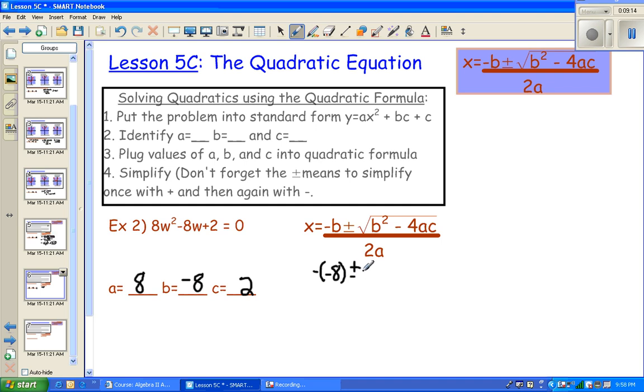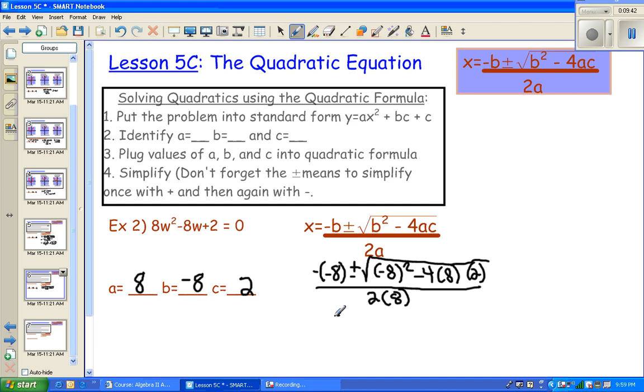Do plus or minus -8 squared minus 4. Your a value is +8, and your c value is 2. And all of that is under a radical, all over 2 times +8.